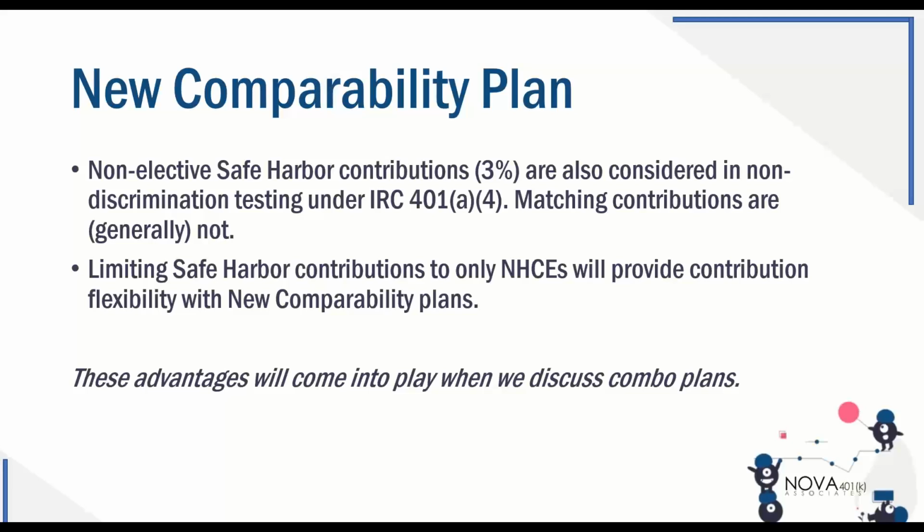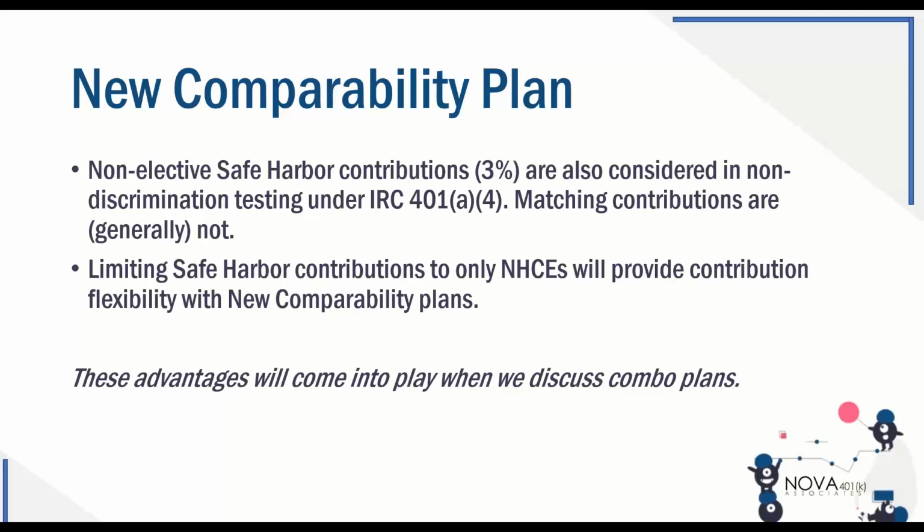So there are two different types of safe harbor, and when you come to us and you get an illustration, we're generally going to recommend not using a matching contribution. And that's not because we don't believe in it theoretically, because matches have been shown to increase the employee savings.